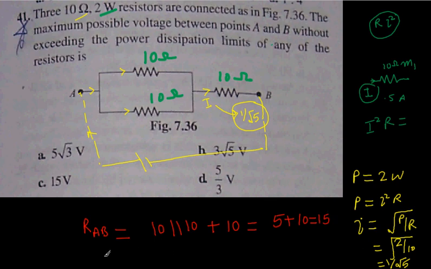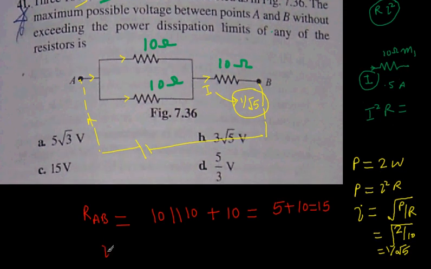Then how much voltage can we apply across AB so that the current does not exceed 1 by root 5? That will be R_AB into I max, and this I max is 1 by root 5.